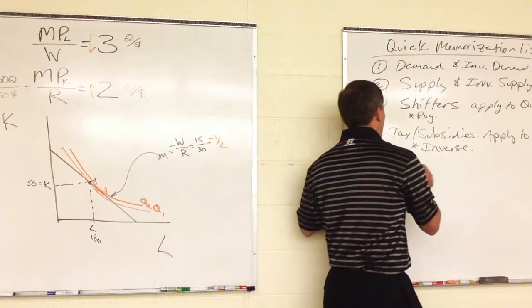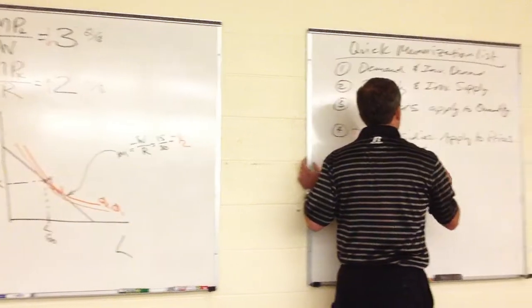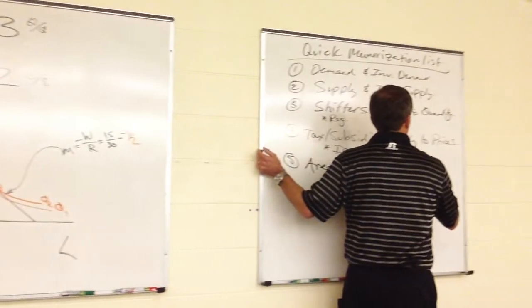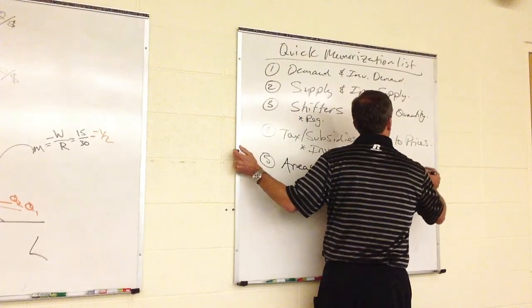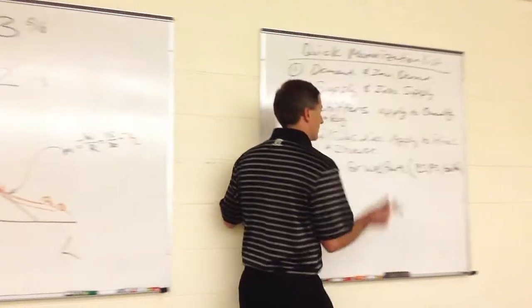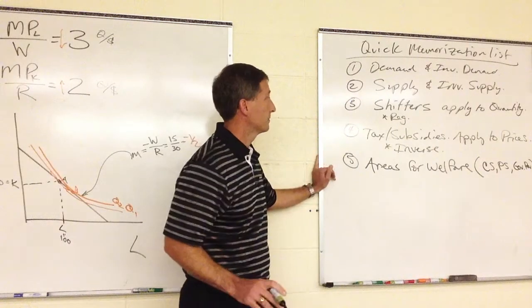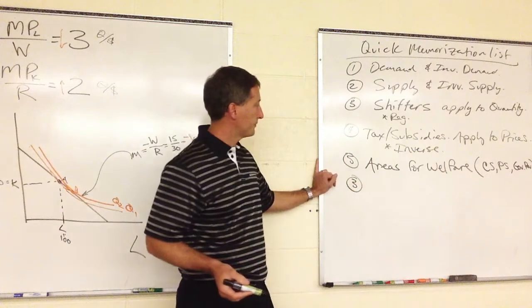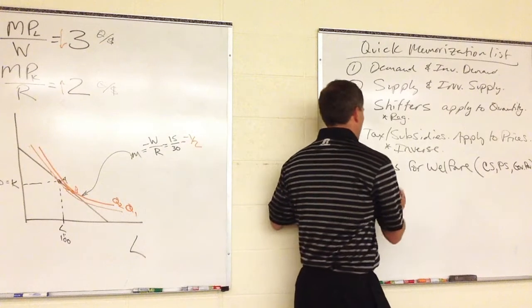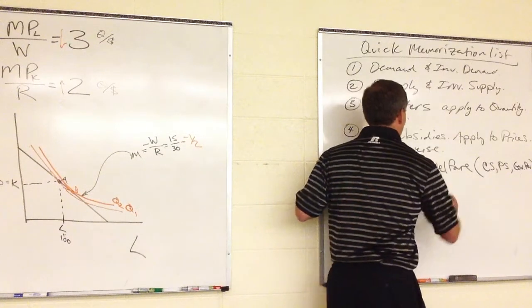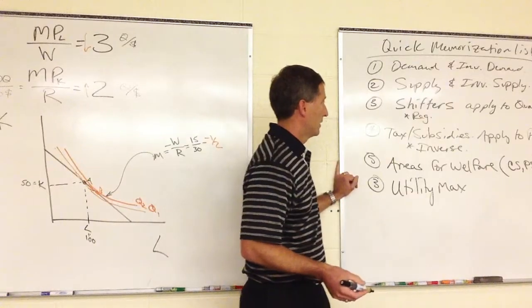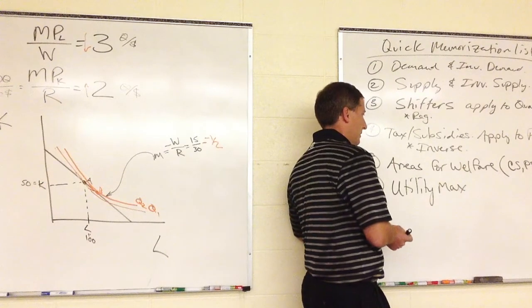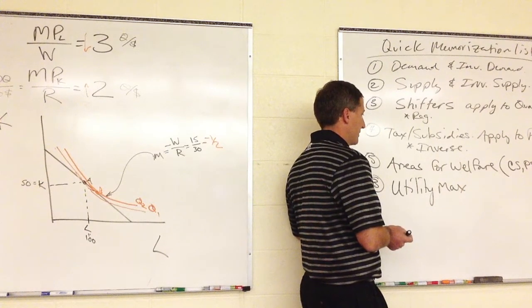So we should know areas for welfare analysis. Consumer surplus, producer surplus, government revenue. We got the utility max. I think you should be comfortable thinking about that graphically, as well as writing it out in terms of equations.